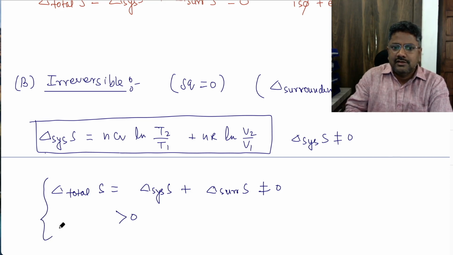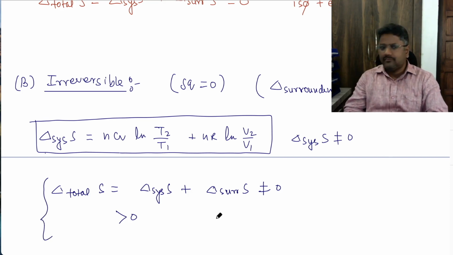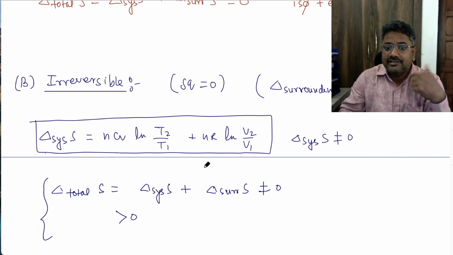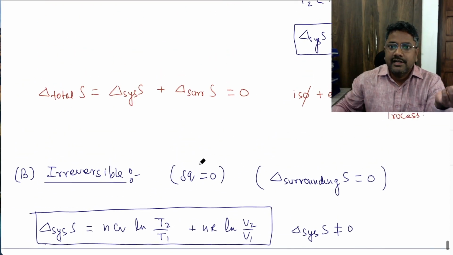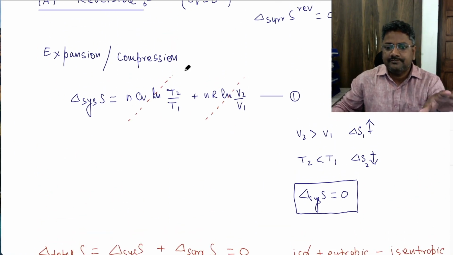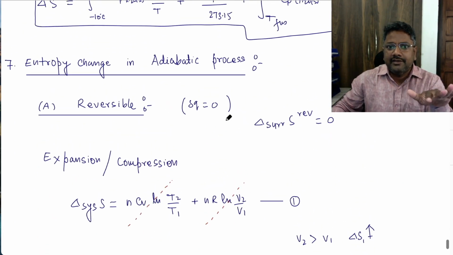So this is not isoentropic process. Basically, there is some change in it. Although these two terms try to compensate each other, they are not exactly compensated like in the reversible process. Clear? So these are all the formulas I have given you for the calculation of entropy.